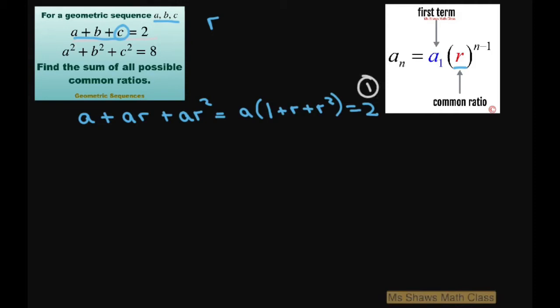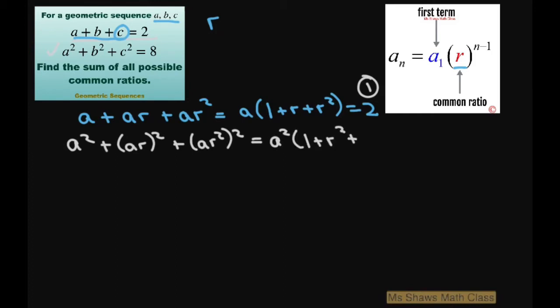Now we're going to do the same thing for the second equation. So we're going to get a squared plus a squared r squared plus a squared r to the power of 4. Let's factor out an a squared. If you factor out an a squared, you're going to get 1 plus r squared plus r to the power of 4.